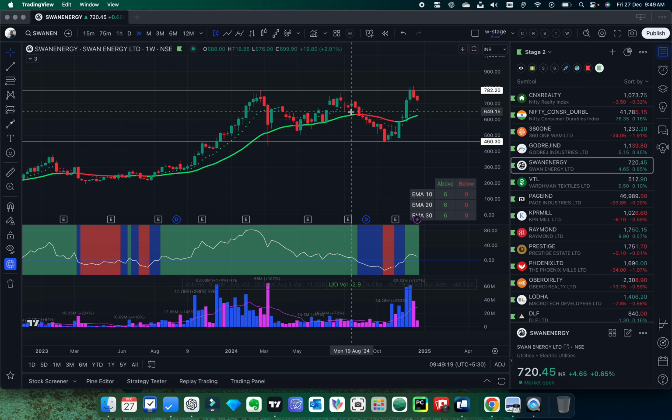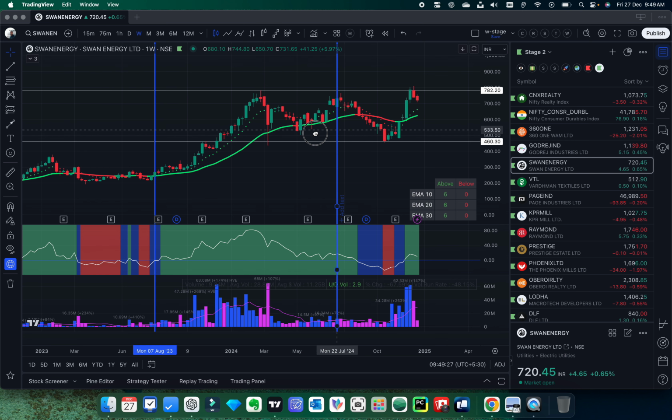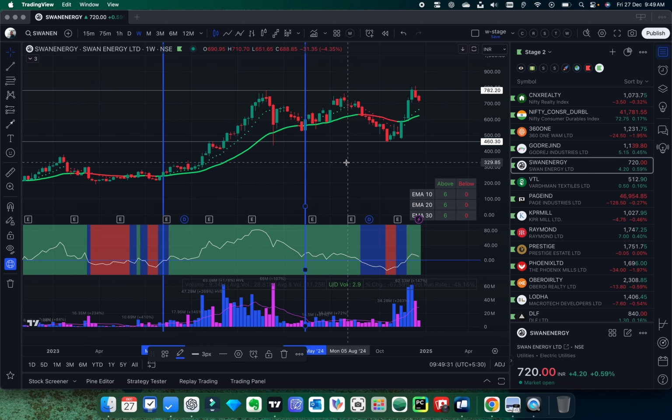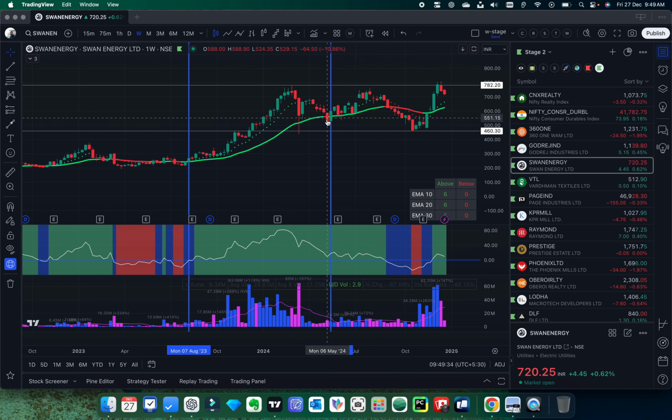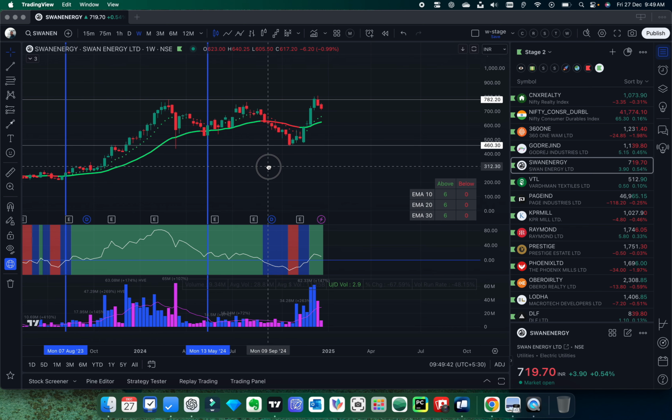So ideally we should be in the trade till this time. The first time the candle closed here, we would be exiting the stock here only. So if you see, the percentage gain is around 125%.